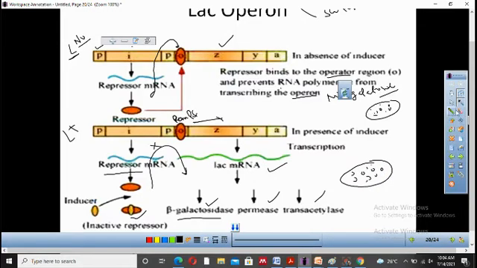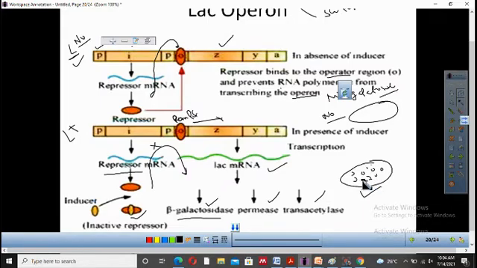So it means there is no colony in the absence of lactose, and in the presence of lactose there will be colony formation.